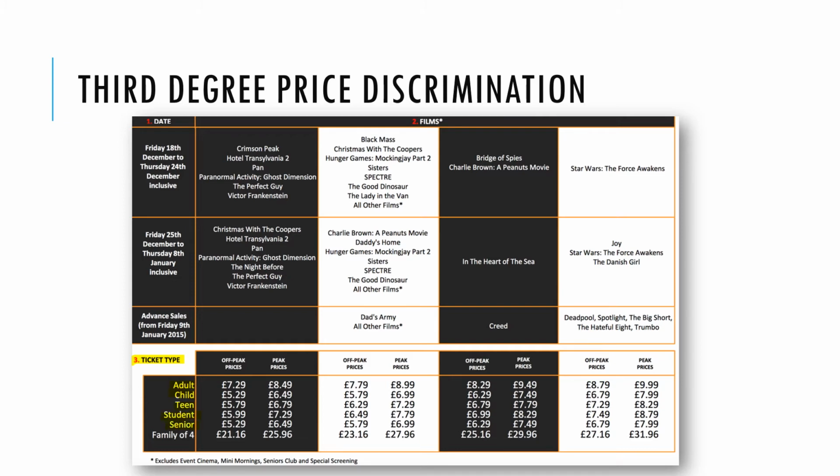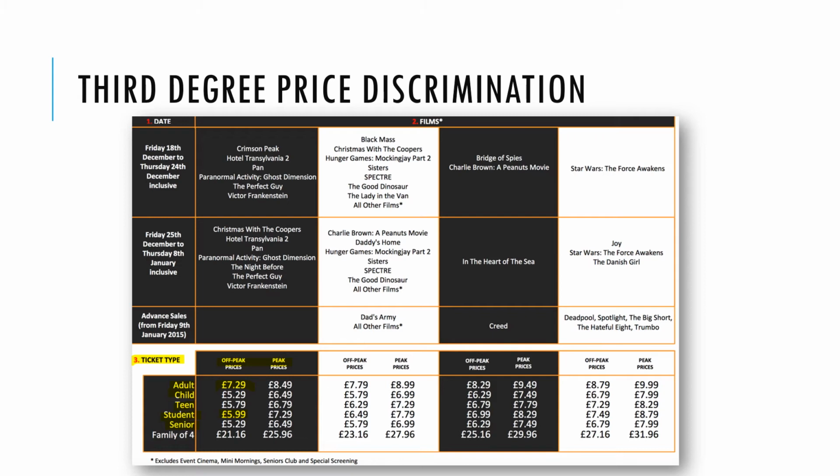So we have adults, children, teenagers, students and senior citizens, and we can see they've done some second degree price discrimination between peak and off-peak prices. We can also see within that there are different prices. So for example, an adult is being charged £7.29, whereas a student is being charged £5.99. So that is telling me that they consider the adult to be less price sensitive than the student.